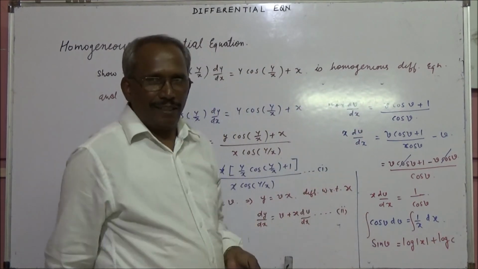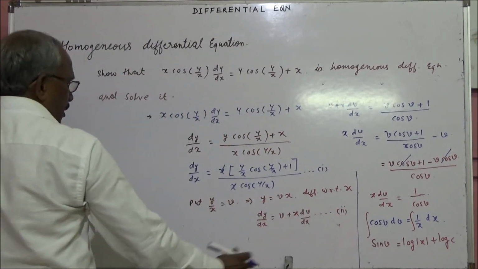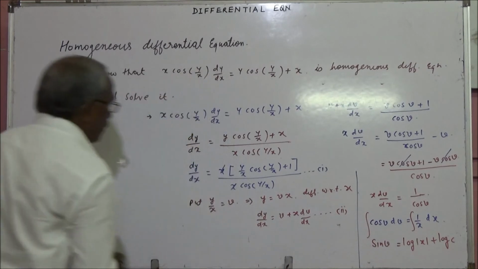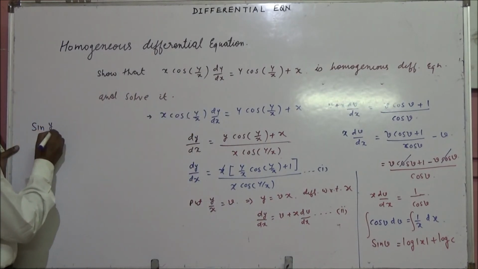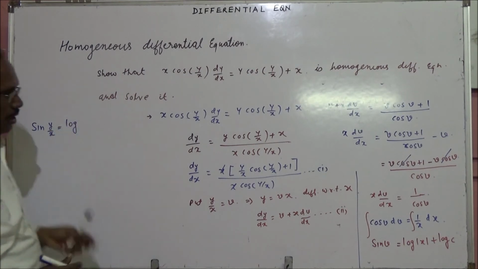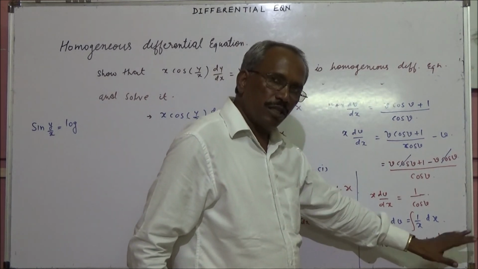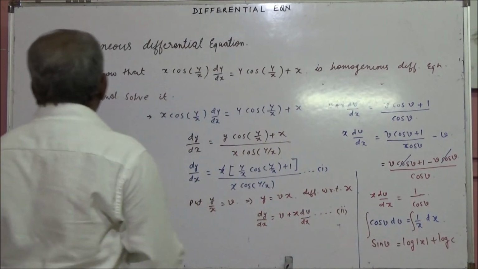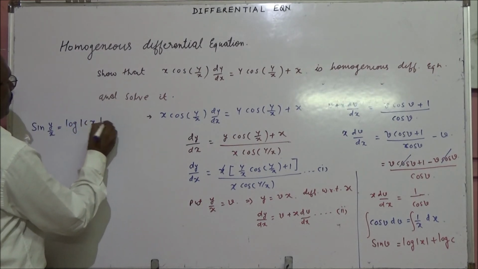We can take the constant as c. So in the next step, this can be written as sin of v, v means y by x, is equal to log of c here. log of m plus log of n means log mn, so log of mod of cx I can write.